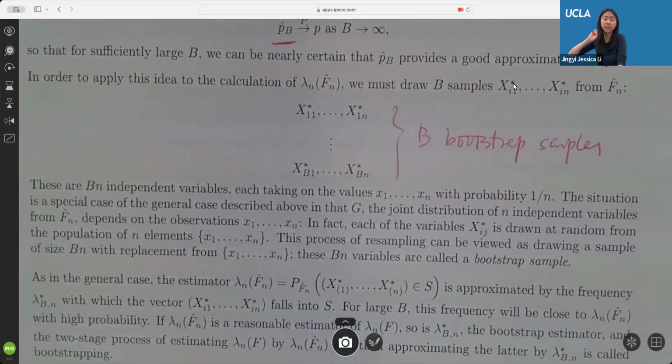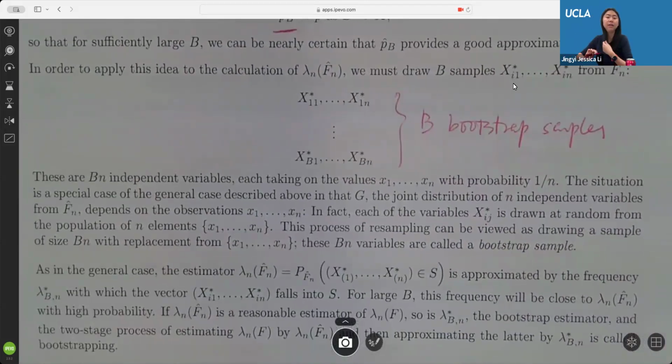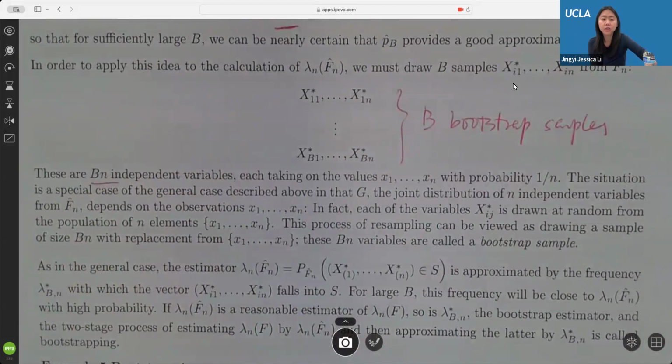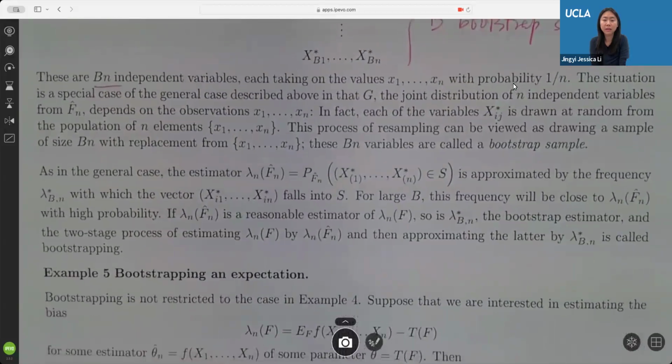How many times are we sampling? B times N times, right? Because for each hypothetical sample, we need to sample N times. Each takes the original observations x1 to xn with probability 1 over n. The situation is a special case of the general case described above.